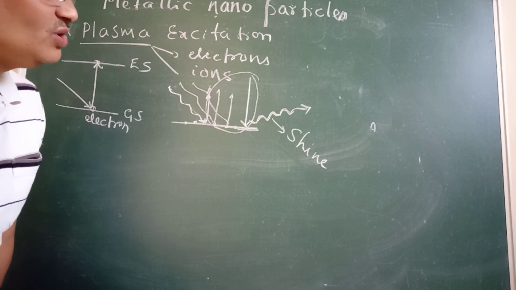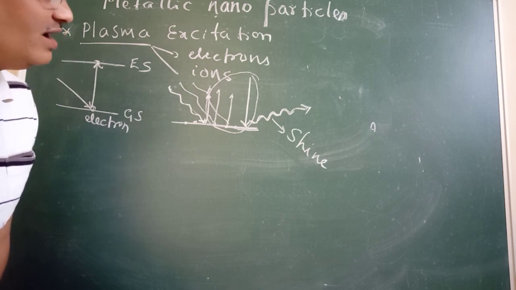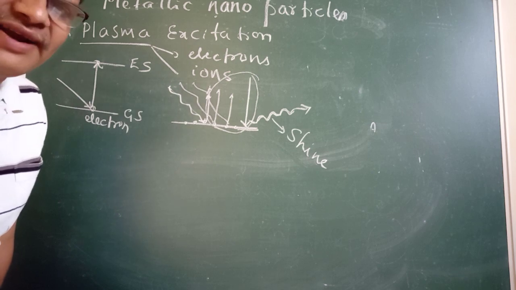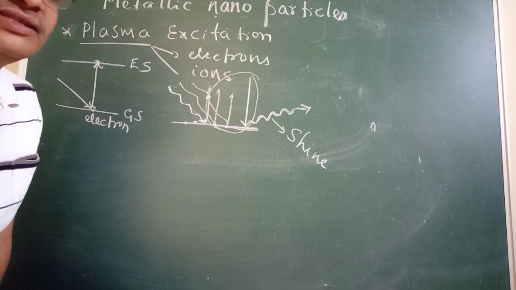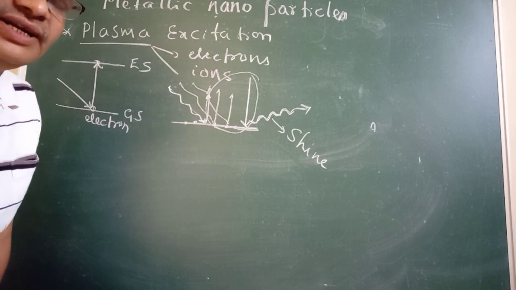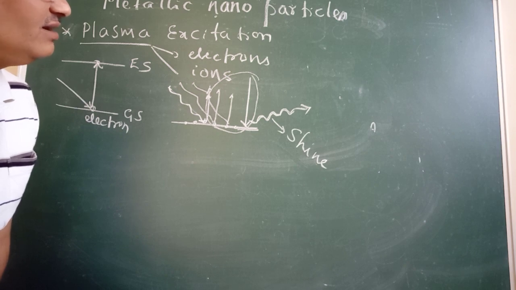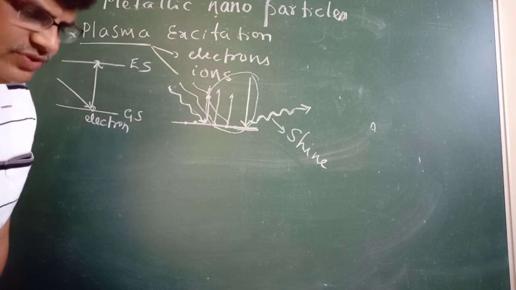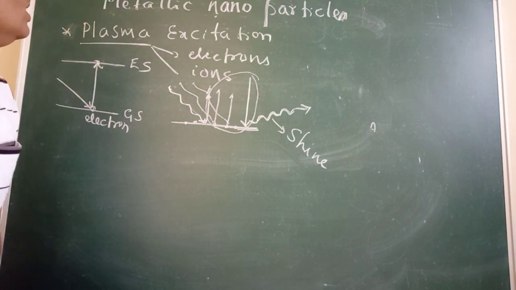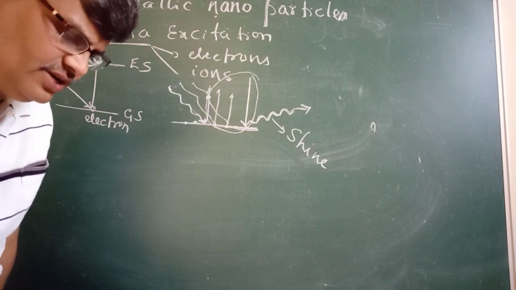For example, gold shines with yellow, silver emits whitish light, and platinum also emits white light. Very good conductors give very good surface plasma resonance. This is the plasma excitation.